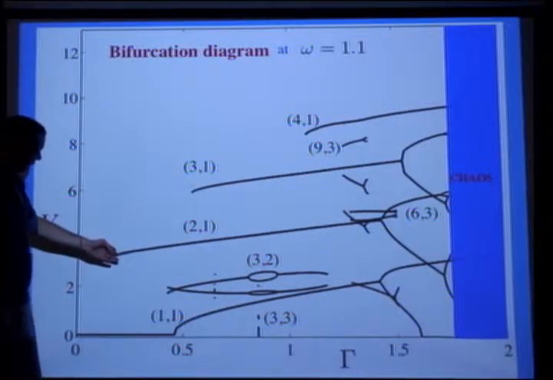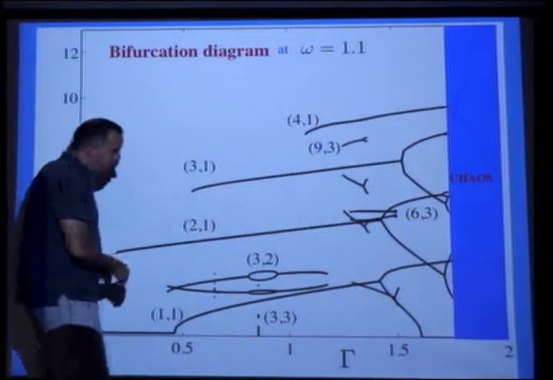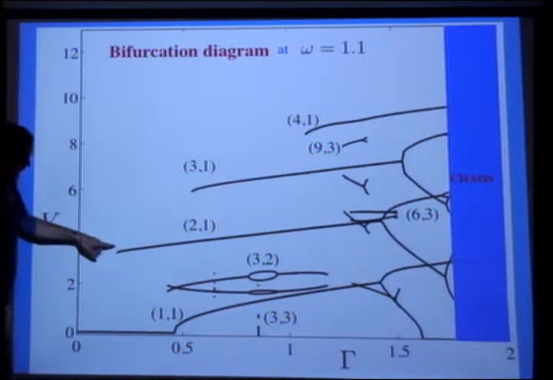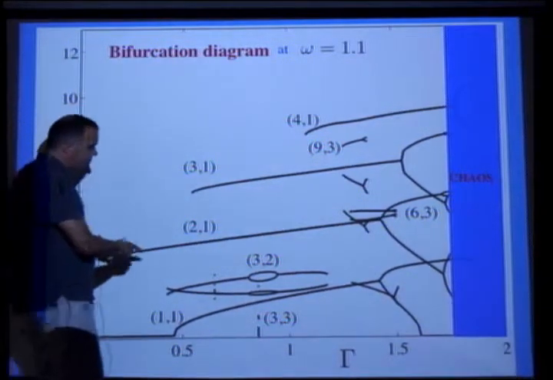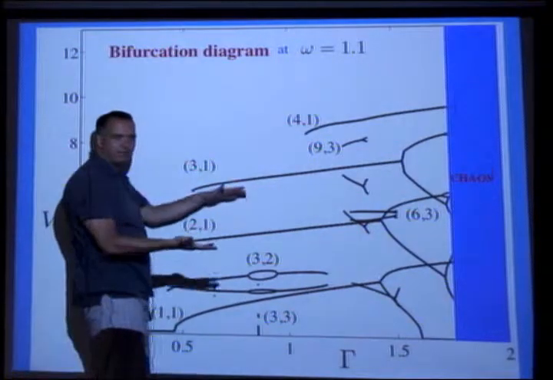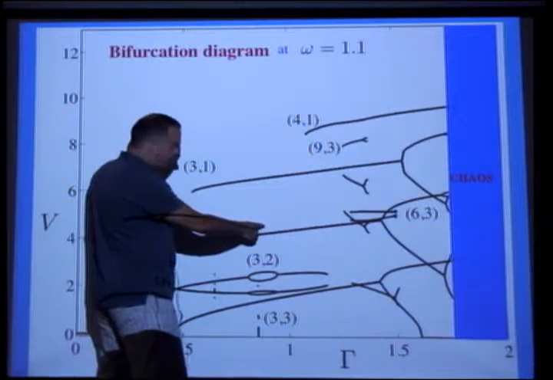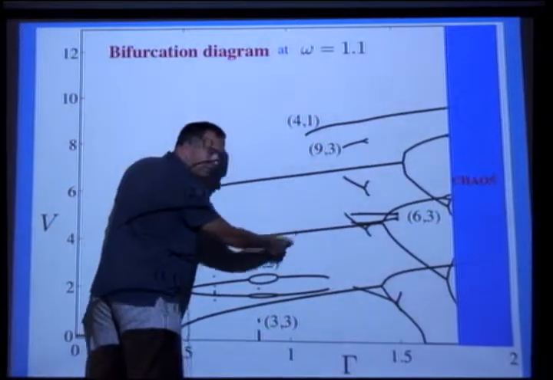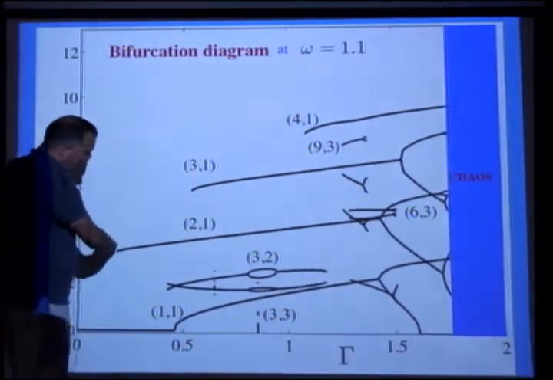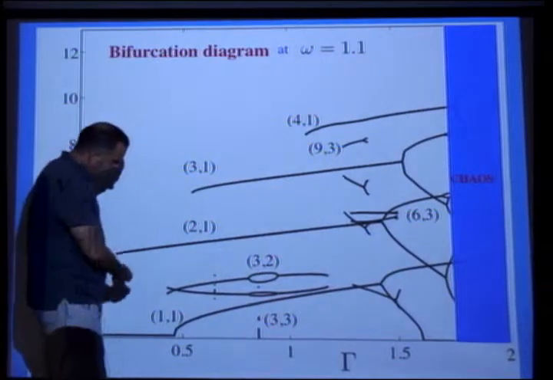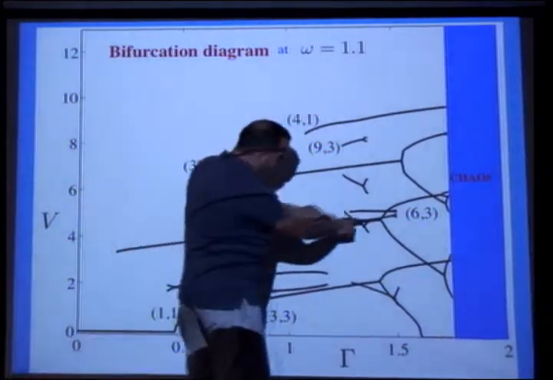The first one being 2, 1, and then 1, 1. And then if you follow these branches as you increase the forcing acceleration, each of these lines has some basin of attraction, right? So if you start here in phase space, you'll basically fall onto this curve. But if you follow this one, it'll come along here, and then it branches.